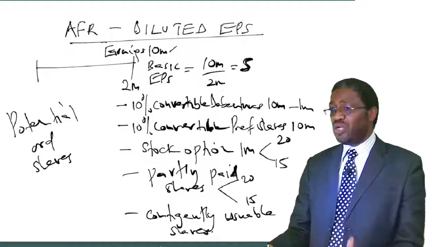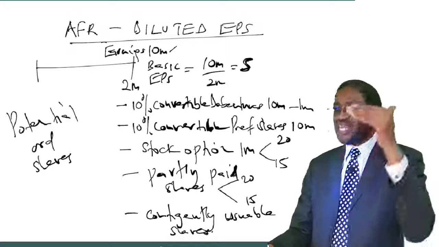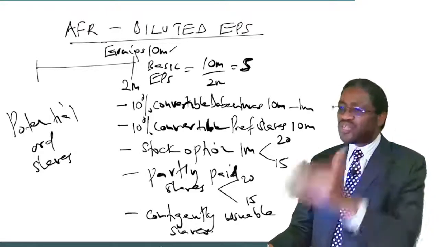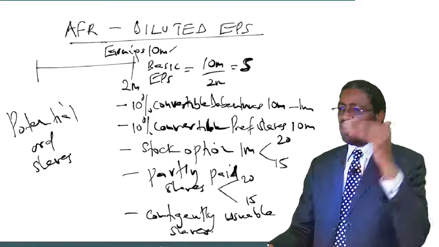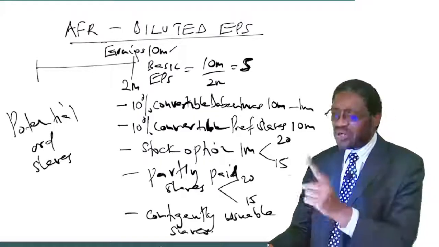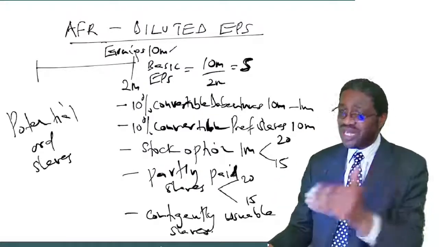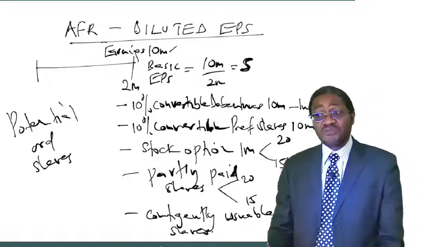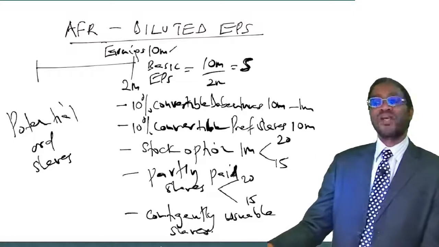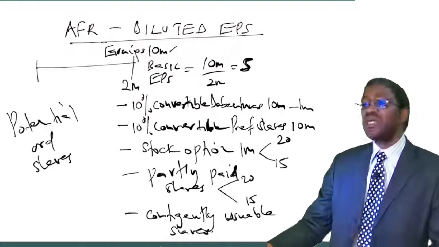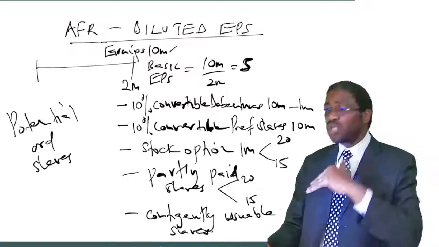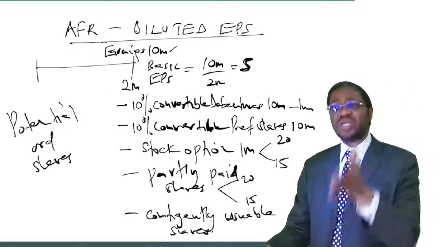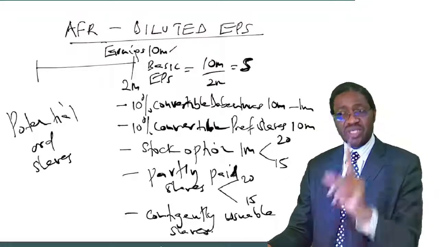By definition, contingently issuable shares are those shares which are to be issued when certain conditions are met. For example, if the market price of the company shares hits a certain amount, or maybe your profits exceed a certain amount, the company has promised their managers they will get this number of shares.